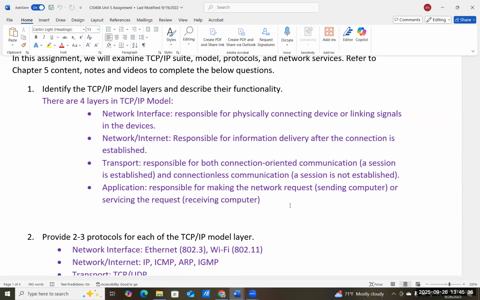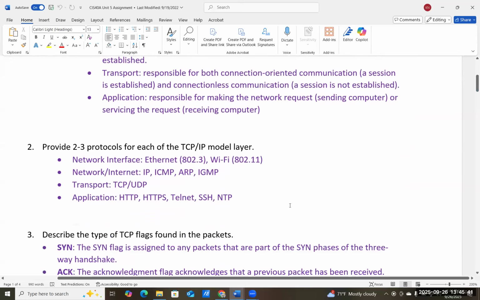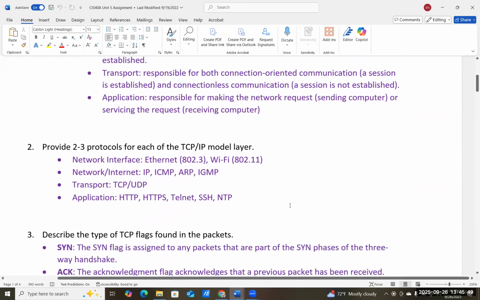Okay, next we're going to find some protocols, and you can refer to the images and the listing in the notes. We're going to look at the layers and break them down into protocols relevant to the first layer through the fourth layer. This is the TCP/IP model.